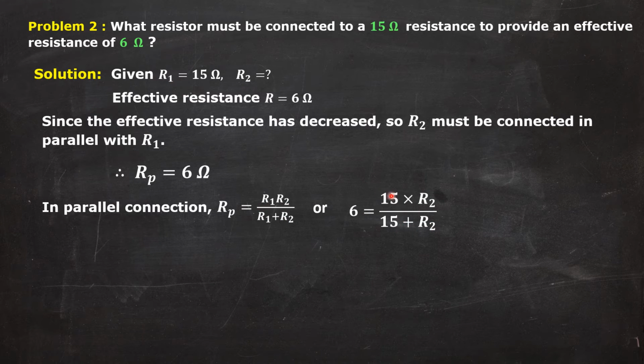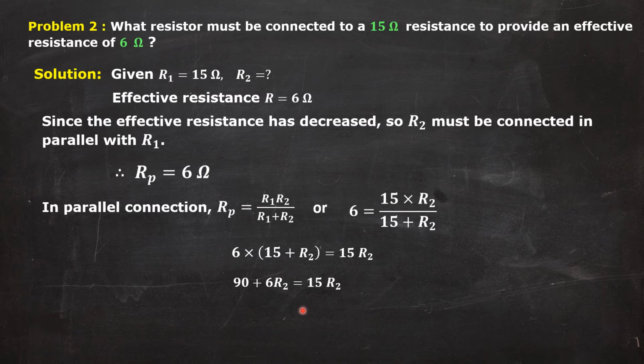Here R1 is 15 ohms and R2 we do not know, that we are going to find out. And Rp we know is 6 ohms. So let us take cross multiplication. 6 into 15 plus R2 is equal to 15 R2, meaning 15 into R2 here.